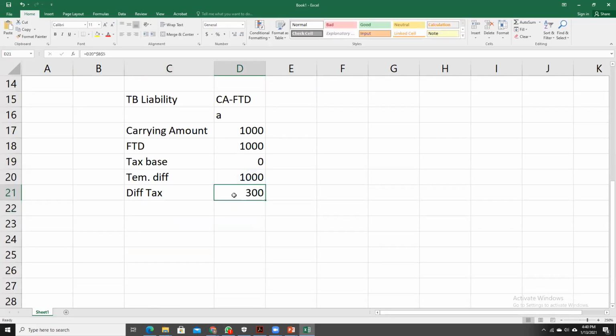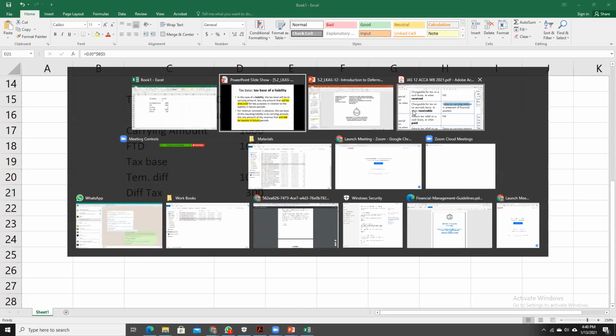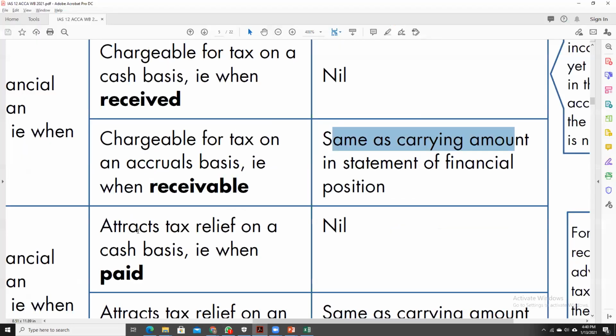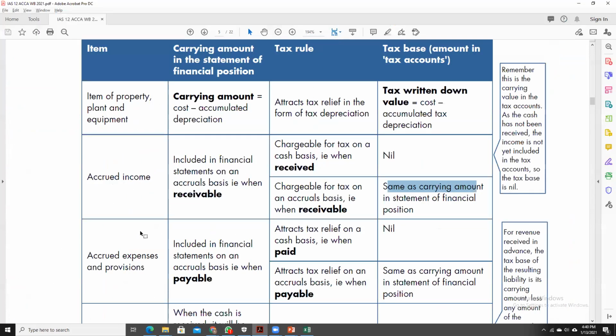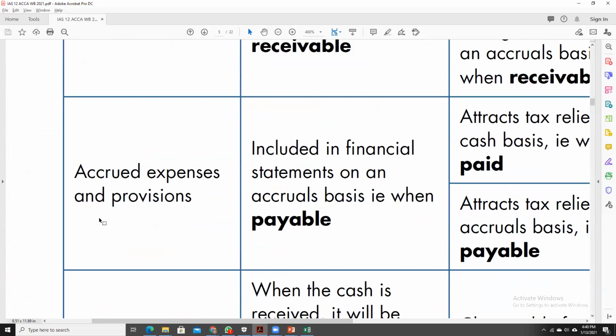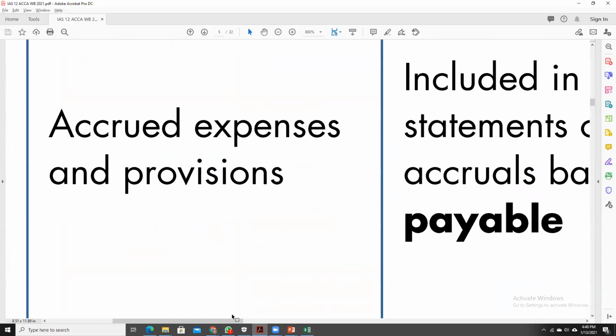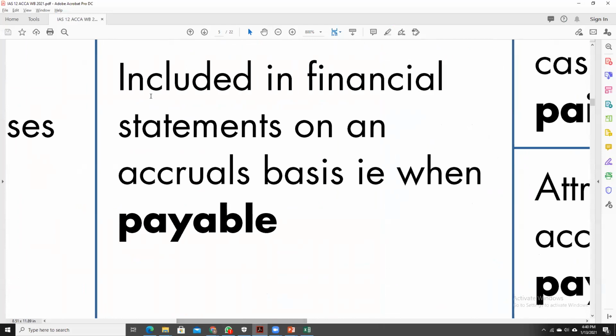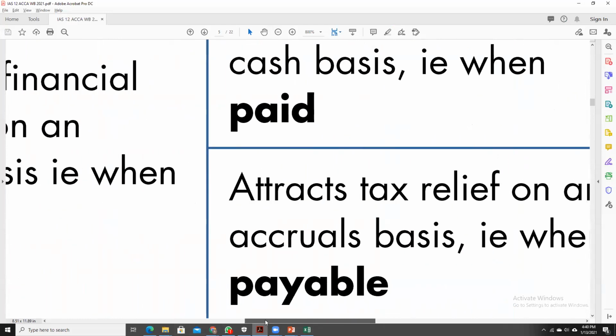$300, right? So check the rule. Check the summary rule. Here, what is accrued expenses? Accrued expenses in accounting are included in the financial statement on an accrual basis when payable. That's the accounting rule.